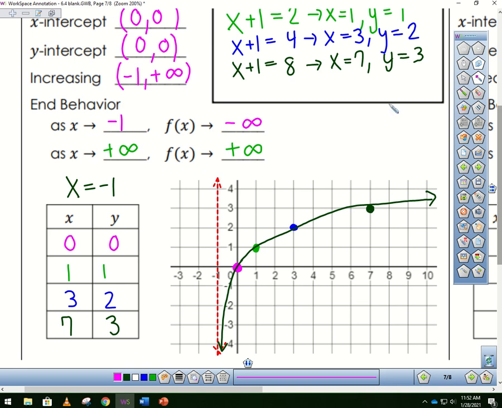Okay. So this is something that is more of a calculus pre-calc topic, but I will just mention it to you. I'm not expecting you to know this. Do this on your own. But when we look at end behavior and we look at a number instead of an infinity, there are times when we're looking at this negative 1. Now, at the red line, are we looking at the function on the right of it or the left of it?